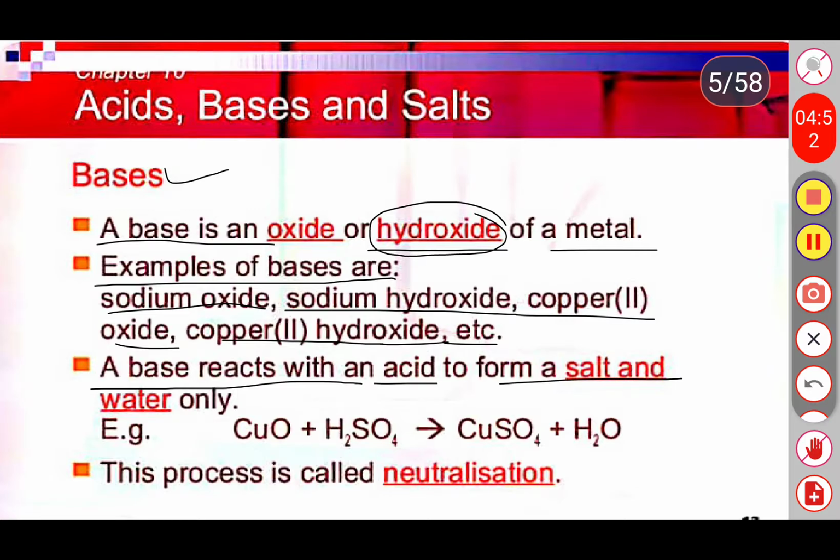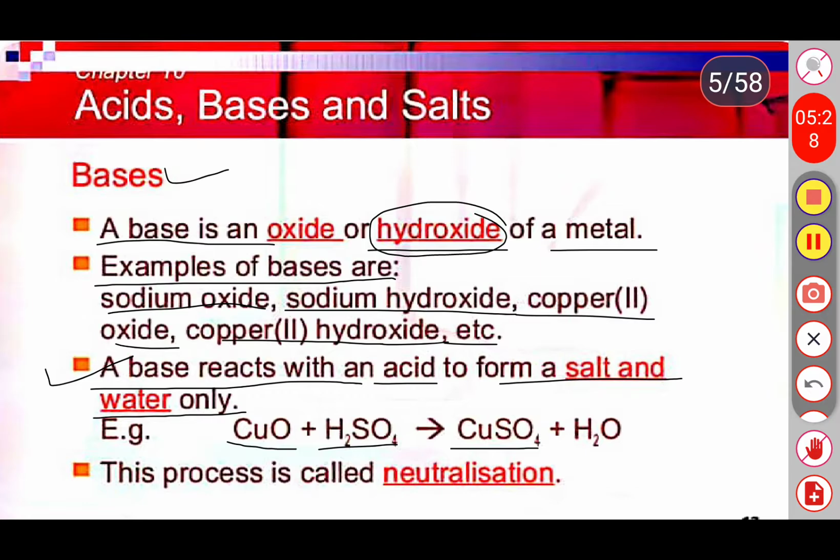A base reacts with an acid to form a salt and water only. You already know the neutralization reaction from the previous chapter as well as the previous session. When the acid reacts with the base, it forms a salt and water. Similarly, when base reacts with the acid, it forms a salt and water only. For example, when copper oxide reacts with sulfuric acid, H2SO4, it forms copper sulfate and water.